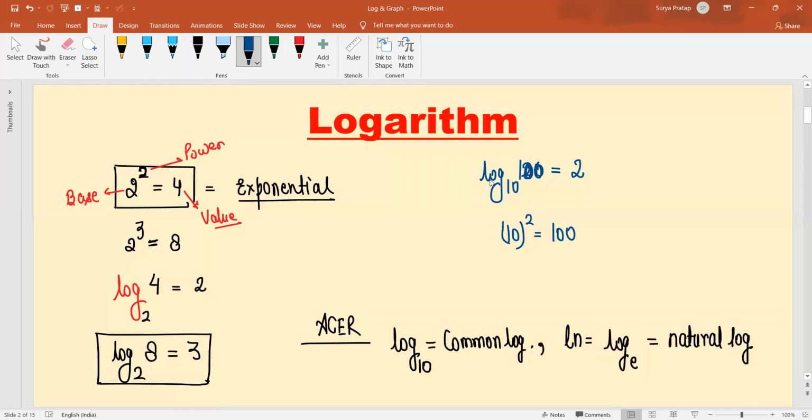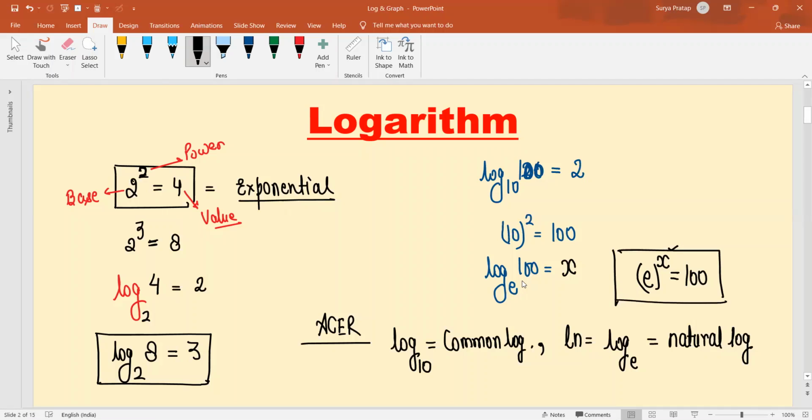But if it is written as log base e of 100, suppose we write x here, then this is written as e to the power x is equivalent to 100. Now what will be the value of x? This is something like this, and this is something like this. So log base 10 and log base e are both different.